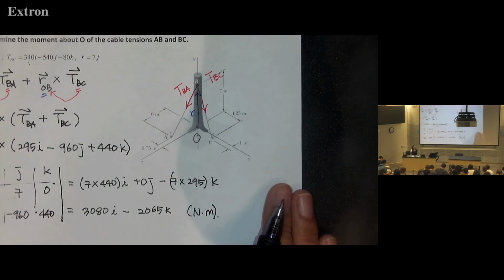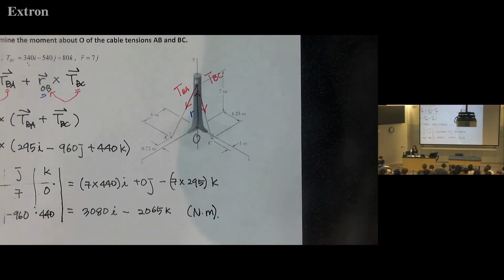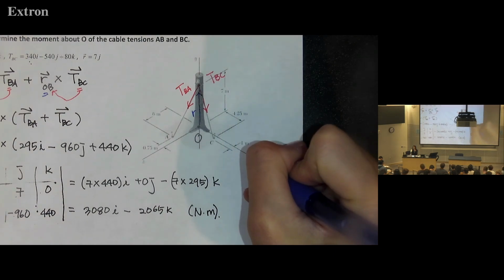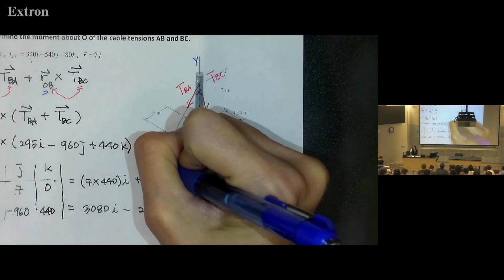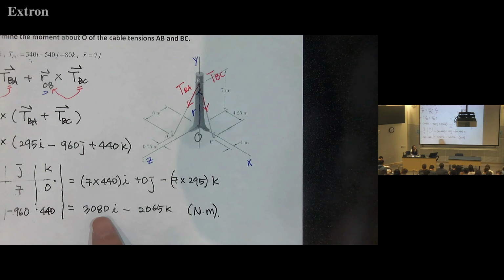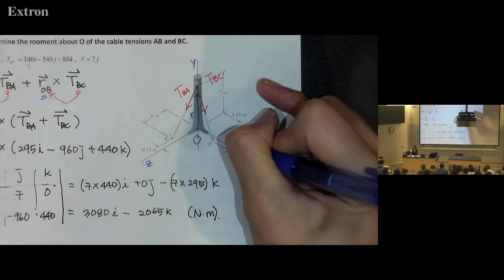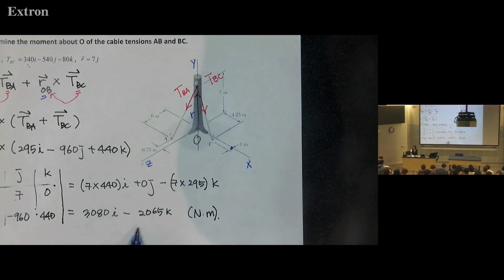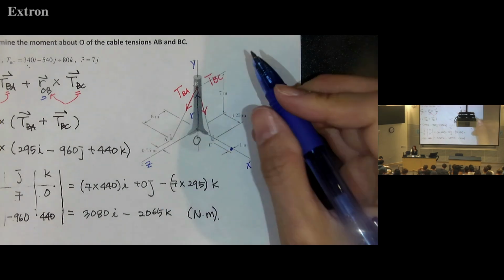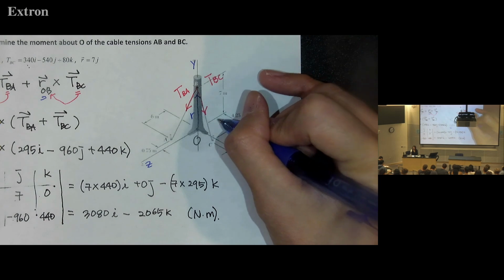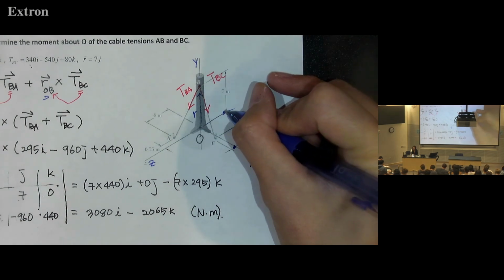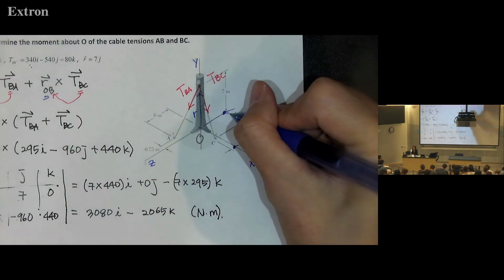Then let's think about the physical meaning. Here, this is the x-axis, y-axis, and z-axis. The components are 3080i, so the x direction about something like this, and the z direction minus 2065, so about 2/3 of i but in the negative direction, something like this.